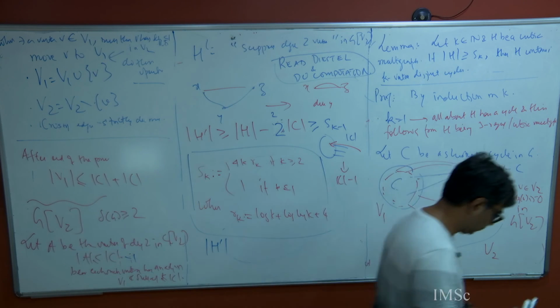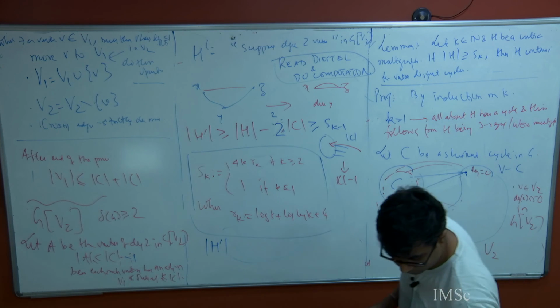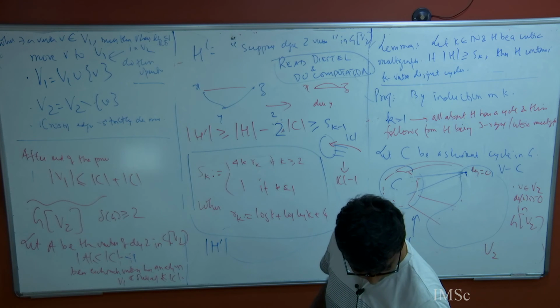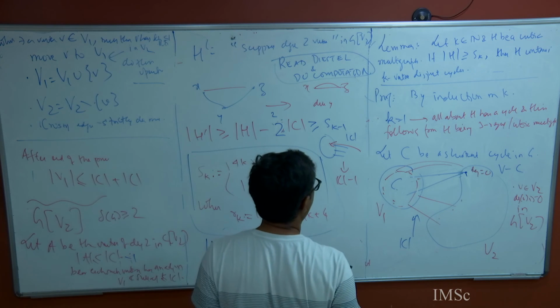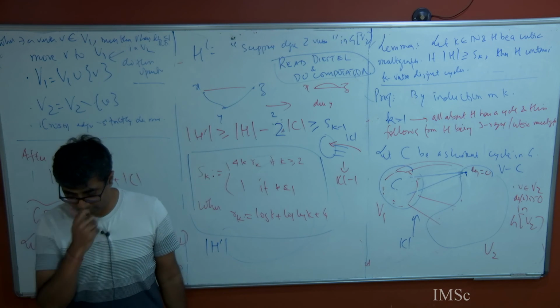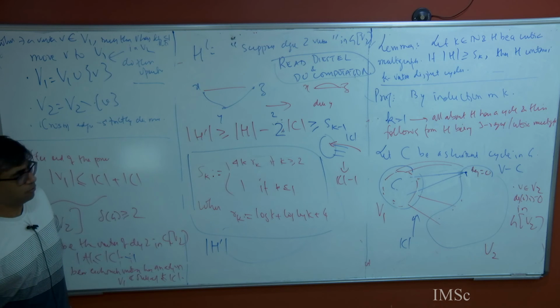Let me just take this phone. Okay. So, now what do I want to show? I want to show formally that f of k vertices meeting all these cycles. So, you know how we go about proving it?